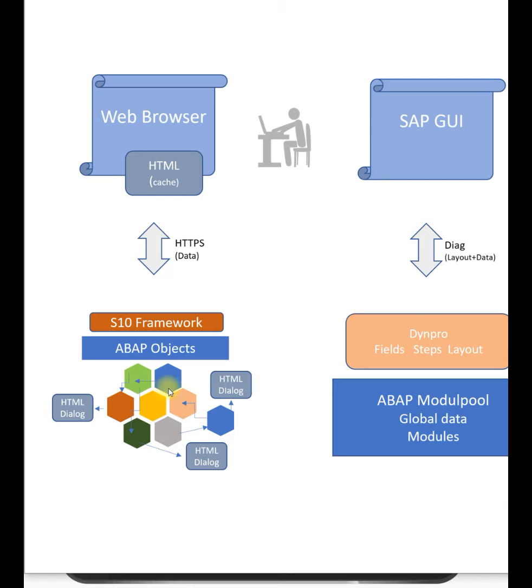The ABAP class library has another object represented by this dark orange hexagon, which provides a user dialog for address change. We call the address change method of this object using a standard method call, and the called object now establishes a dialog with the user via its own HTML page, all within the context of our application.